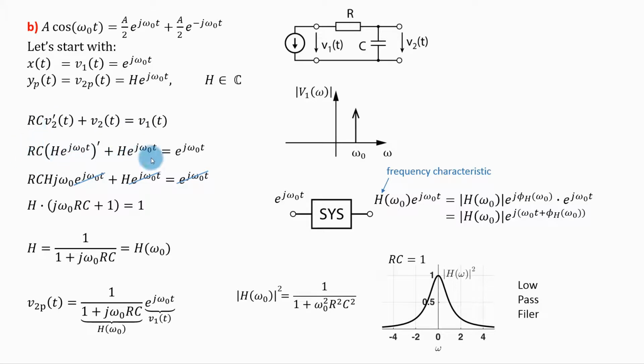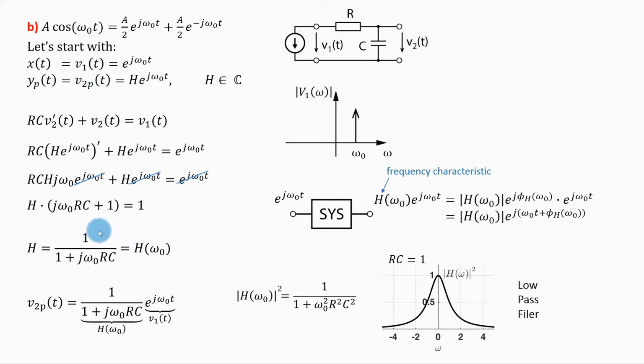Here you have it substituted. Now I take the derivative, which will give me this, and here I can cancel out the exponentials, which will give me this, and from there I get this. This will be the complex number that will multiply this exponential at the output.